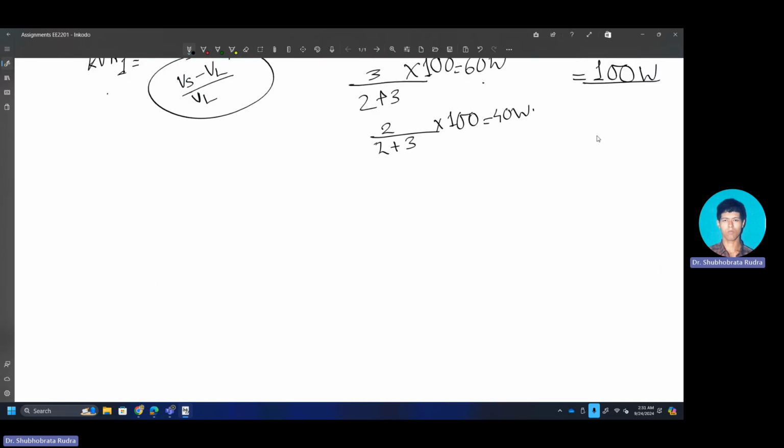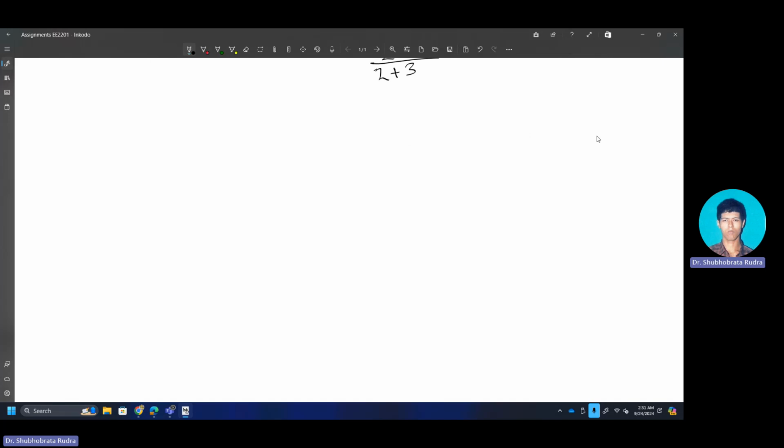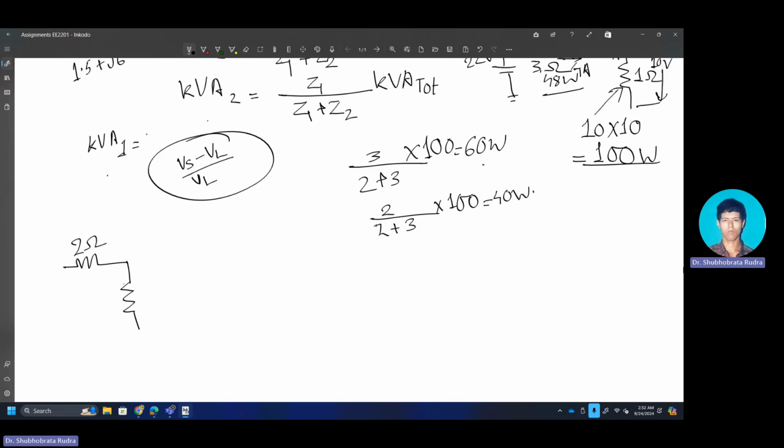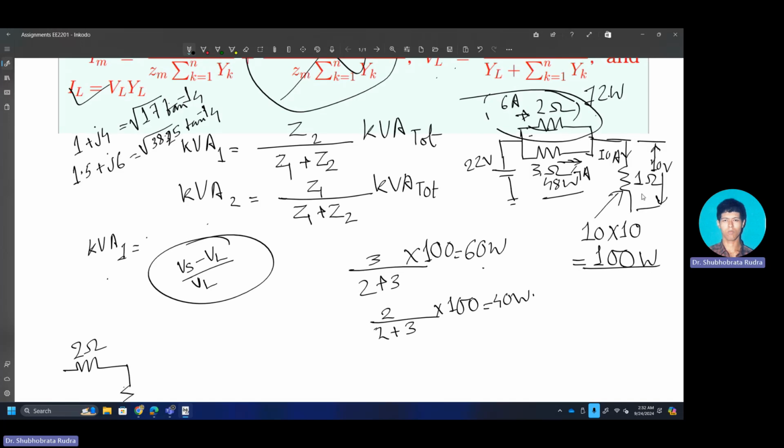Now, what is being asked is that suppose you have one such resistance. I'm giving you the DC analogy; you think about the corresponding AC. Here you have 2 ohm and here you have, say, 1 ohm, divided in proportion to the load, like what I am trying to tell you.